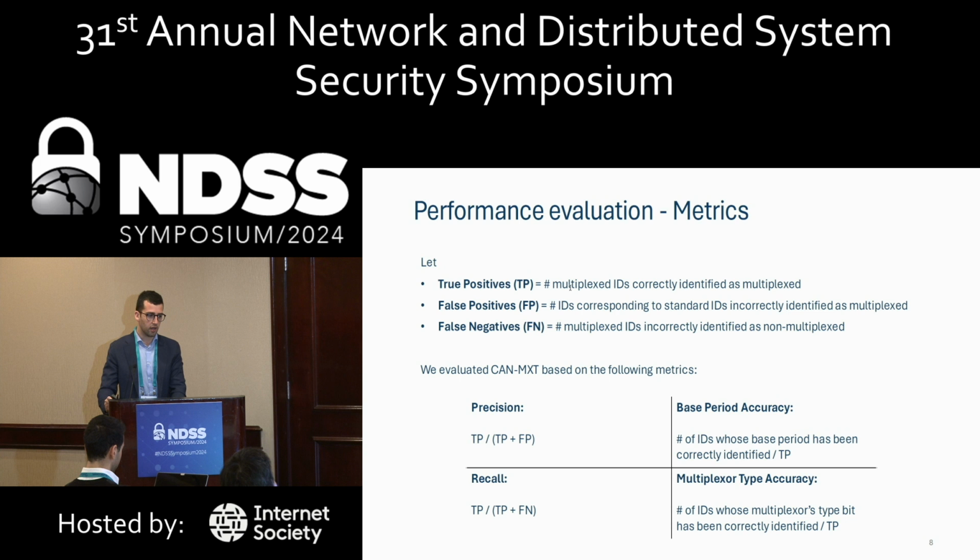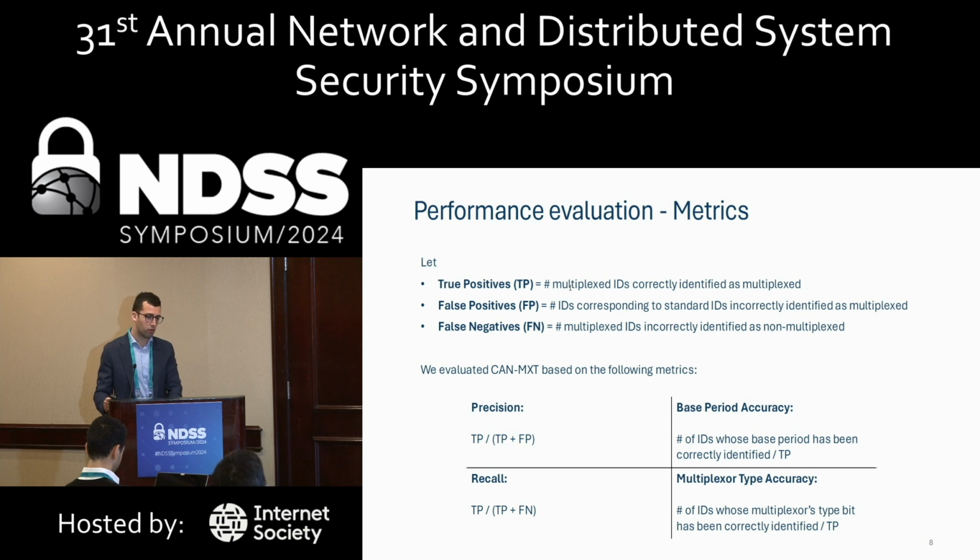For the evaluation metrics that we adopted, true positives are the number of multiplex IDs correctly identified as multiplex, false positives are the number of IDs corresponding to standard IDs incorrectly identified as multiplex, and false negatives are the number of multiplex IDs incorrectly identified as non-multiplexed. We adopted 4 metrics.